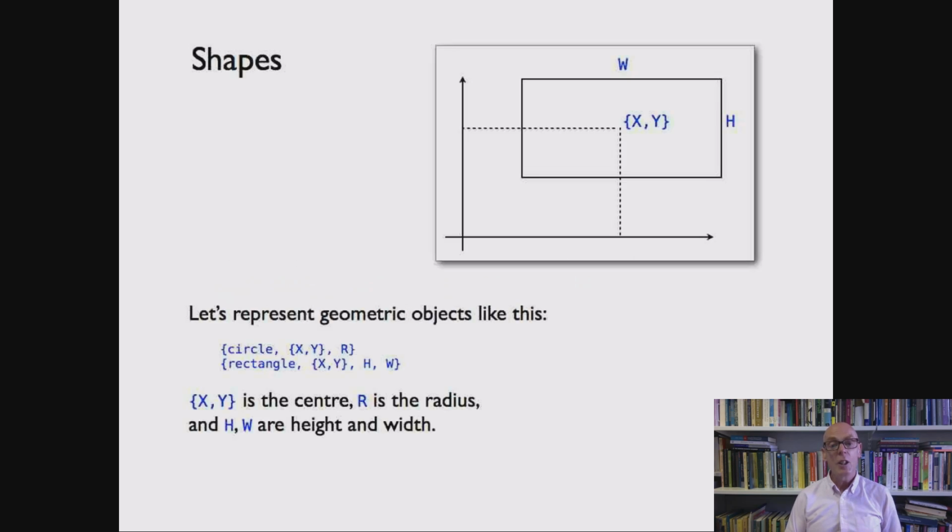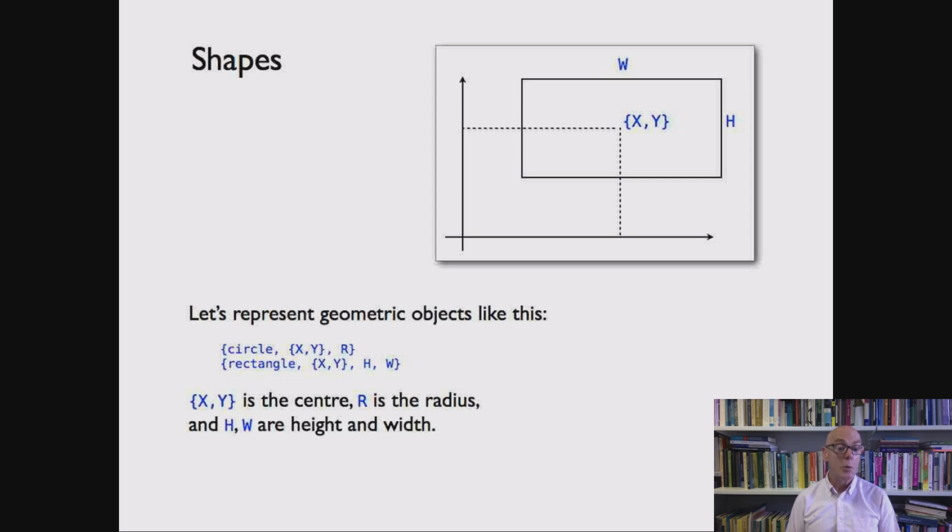Right, the other thing I wanted to talk about before we go on to some more examples is just to remind you of the shapes example. I wanted to use that to beef up, not just to deal with lists of numbers. Remember, we were representing geometric objects like a circle or a rectangle by a tuple.